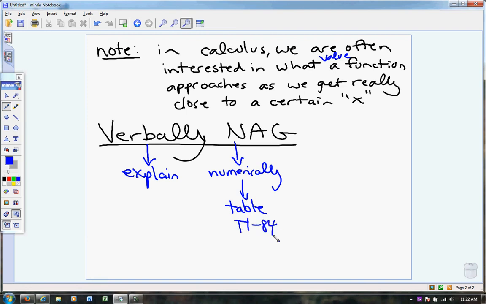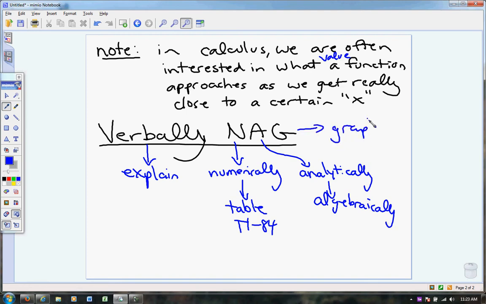Okay, that would be an example of looking at things numerically. We'll look at things analytically. What do you think that is? Algebraically, okay? That's where we actually work through the algebraic steps to explain something. And then, what do you think the G stands for? Graphically.